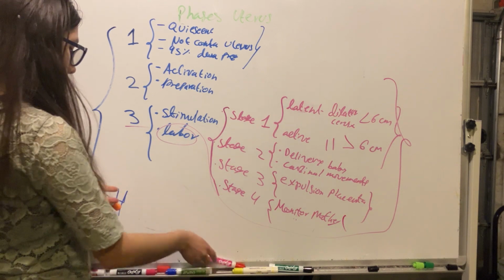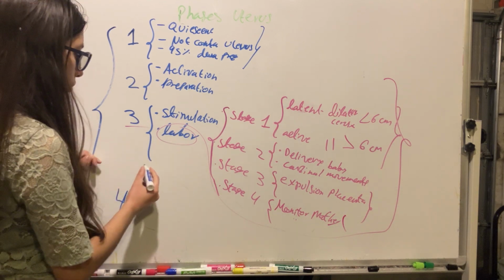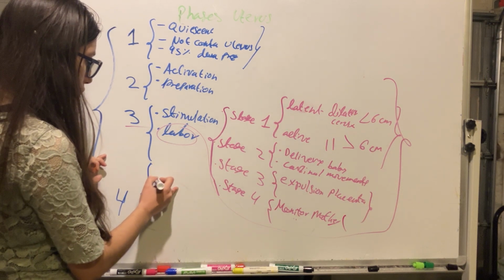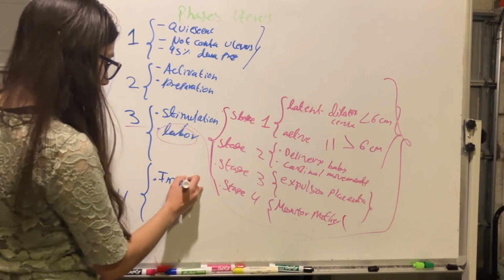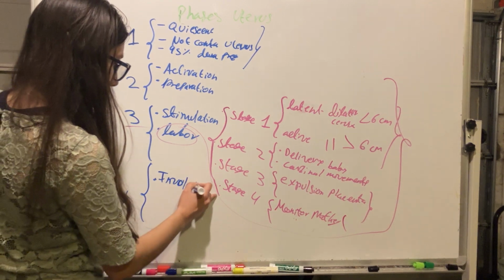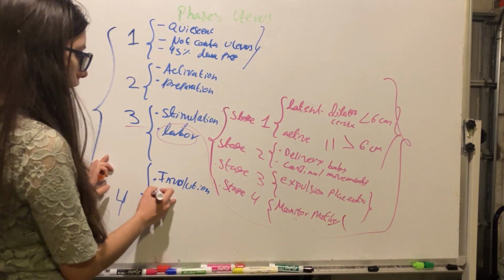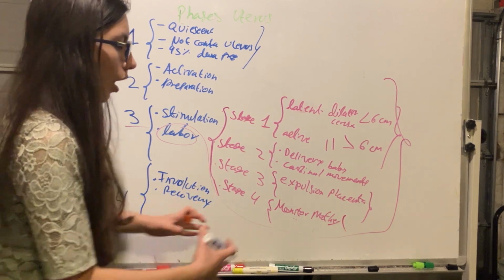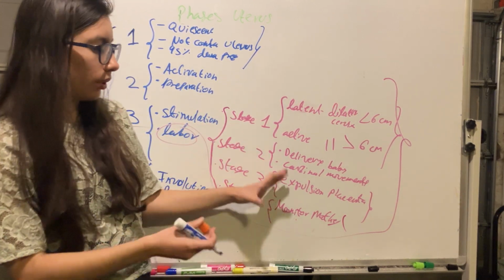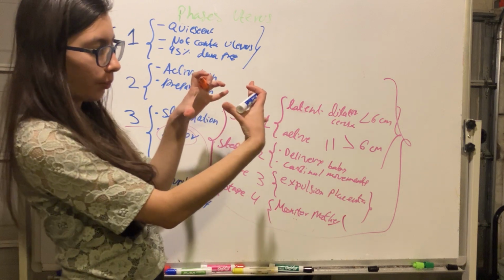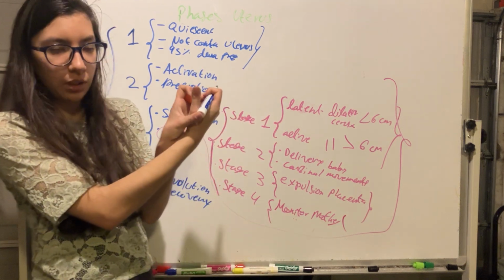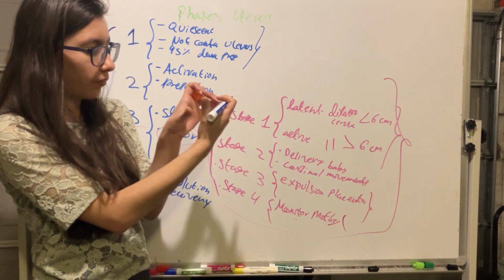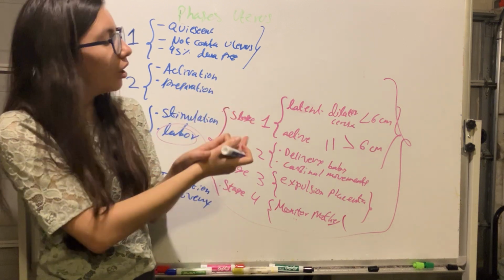And then we have phase 4 of the uterus, which is called the involution phase. Here is when we have the recovery of the uterus. So like an hour after delivery, we're still having contraction of the uterus, which is making hemostasis for the uterus not to bleed.